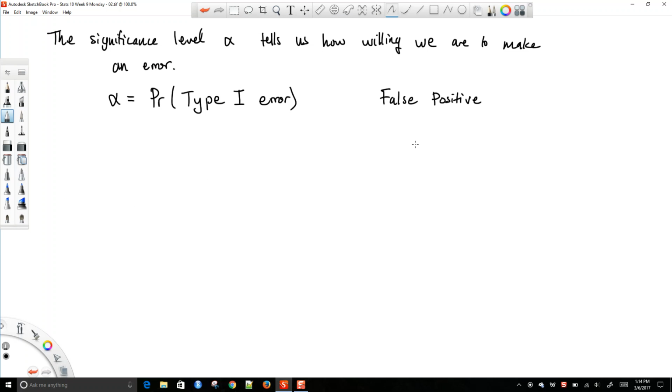So the type 1 error, or the false positive, is a mistake where the null hypothesis is actually true, but our conclusion based on our data is to reject the null hypothesis.